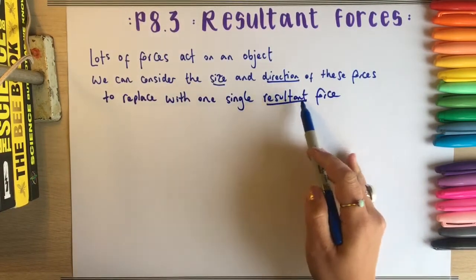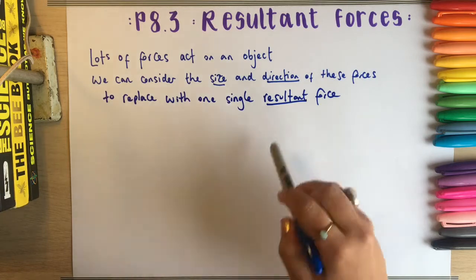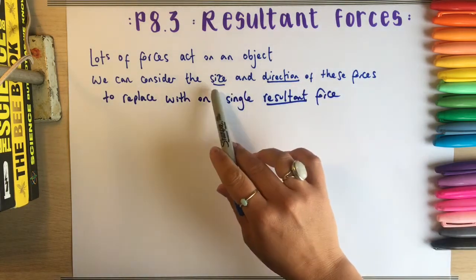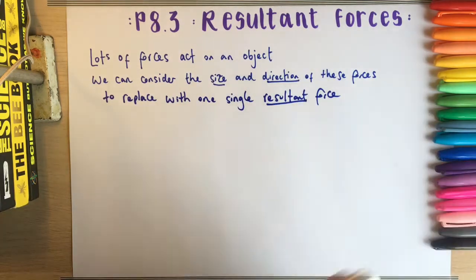Resultant force is the key term for this, and it just means the overall force that takes into account the size and direction of all the other forces that act on it.